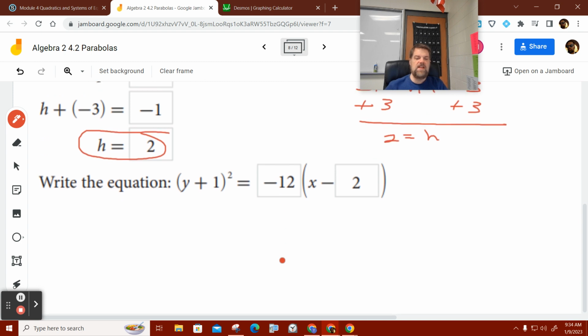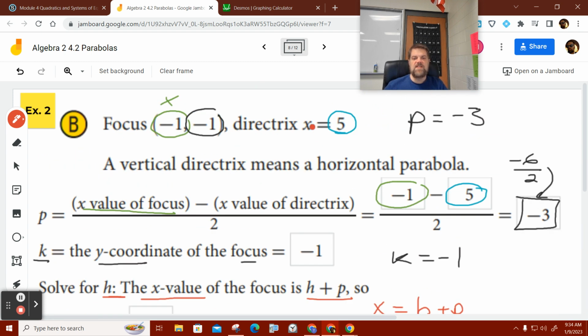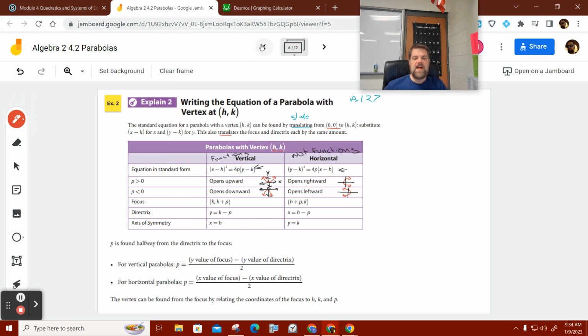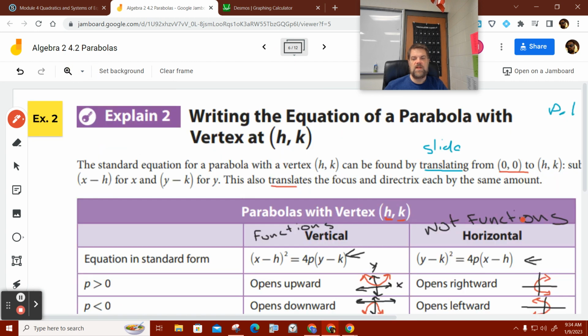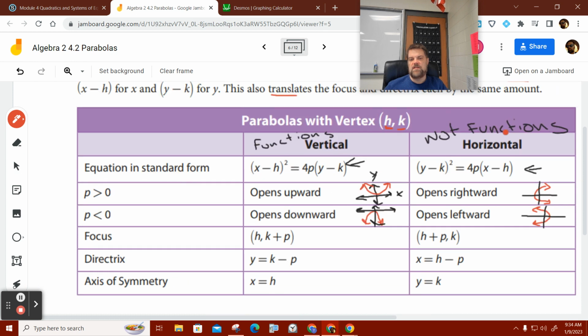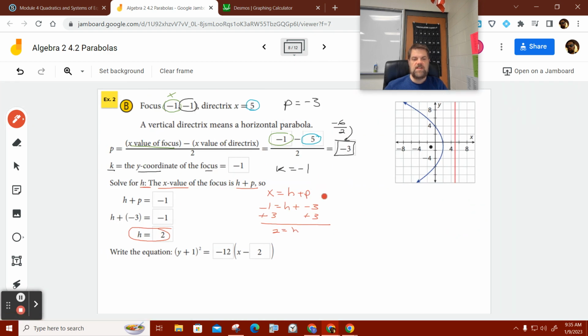So now to find the formula, we said that because it is a directrix of x equals, I use this formula, right? I know what k is, I know what h is, I know what p is. I can find the focus by all these things. So I'm just going to do that. The first thing I'm going to do is write the equation of the parabola.